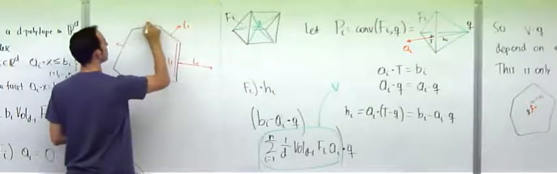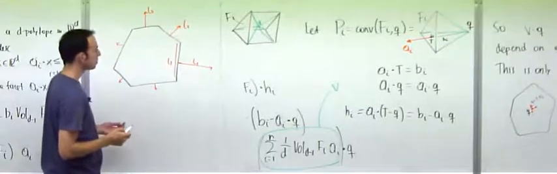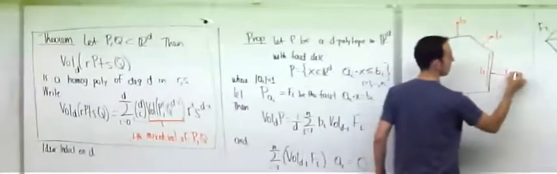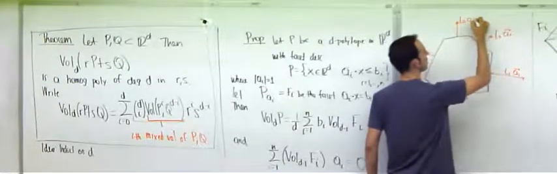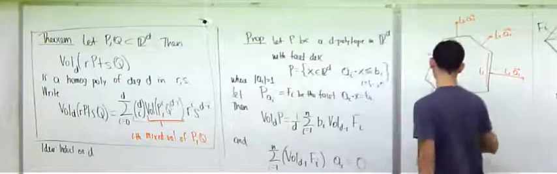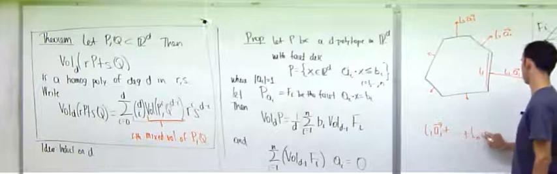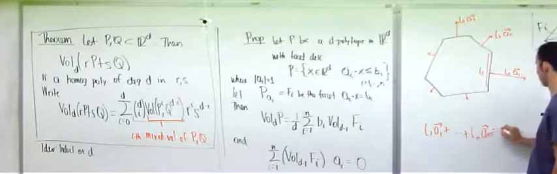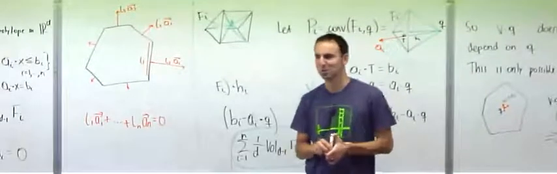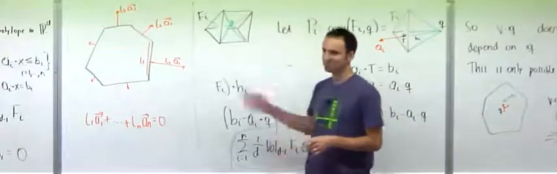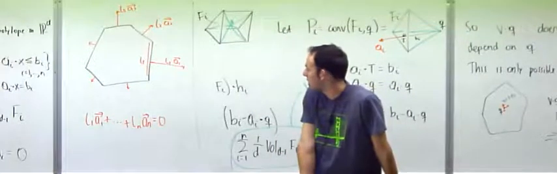I scale this by length L3, and so on. So L1 A1, L2 A2, L3 A3, and so on. Then you get that these vectors add up to 0. I think that's a nice fact. It's not terribly hard, but it's a nice exercise in plane geometry and a little bit of playing with vectors.